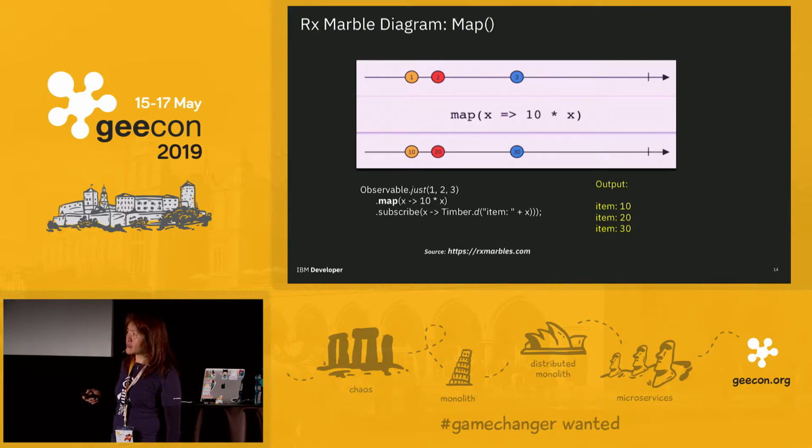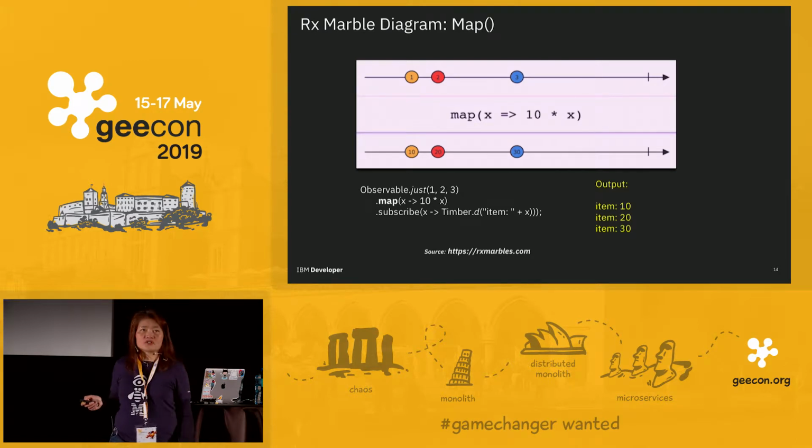So in programming terms, we're using an observable, doing a dot just. This takes in the input, in this example 1, 2, and 3. Then you immediately apply the transformer to it, which is the dot map. You specify the function, what it does: 10 multiplied by x.